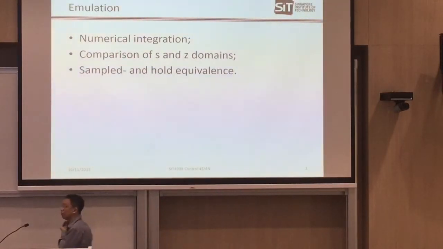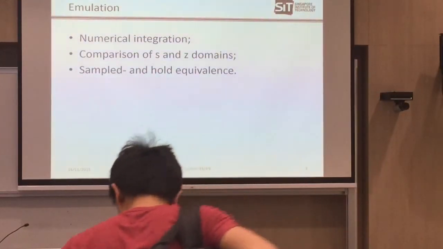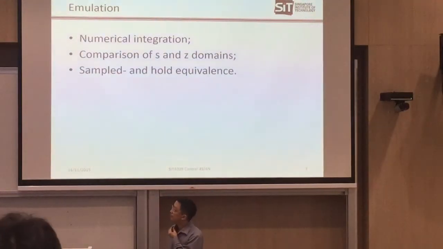And today we are going to further elaborate on sampling and hold and see, from an overview picture, from a systematic point of view, whether we are able to have some mathematical equivalence from an S function, from a continuous control function, into a digital control function.